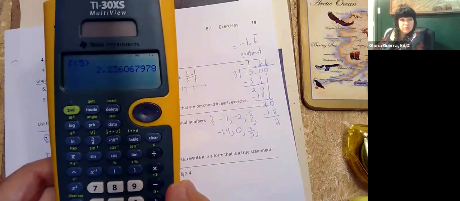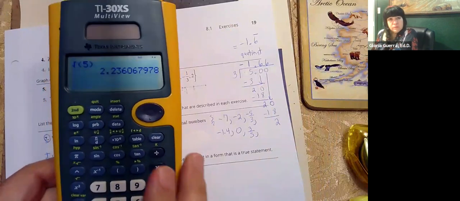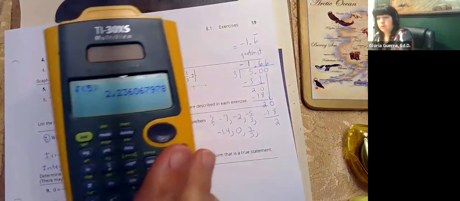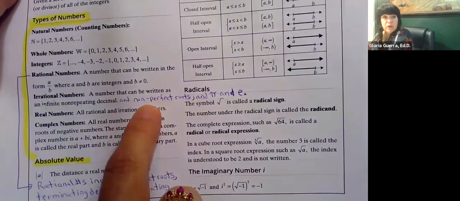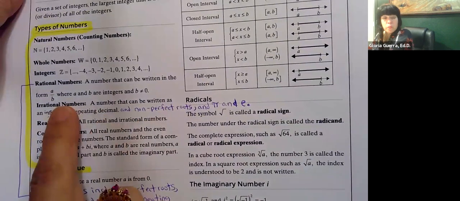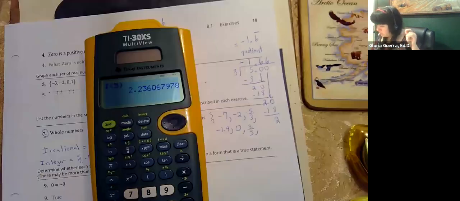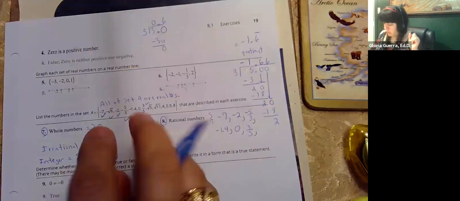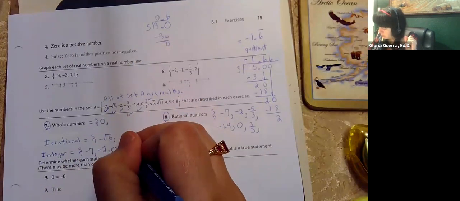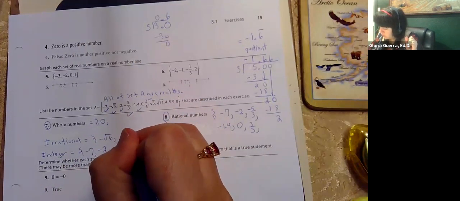See that long decimal? So that's a non-perfect root. Non-perfect roots are going to be irrational numbers. So the square root of 5 is an irrational number.